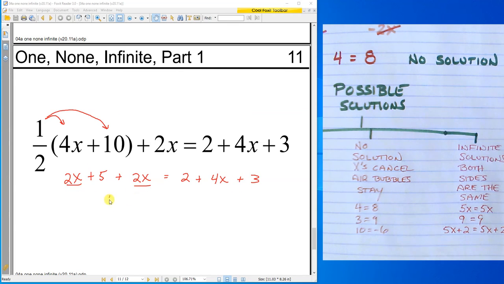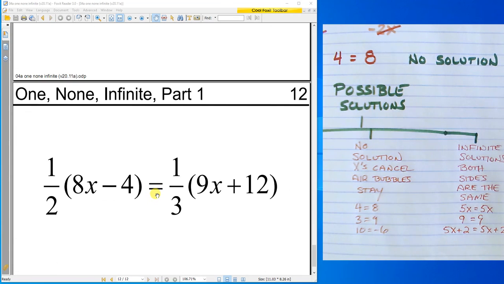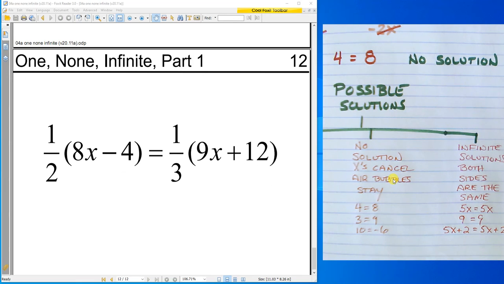Combining terms, 4x plus 5 equals combining terms, 4x plus 5. What does that tell me? It tells me both sides are the same, which means infinite solutions. Okay, this one is going in your notes.